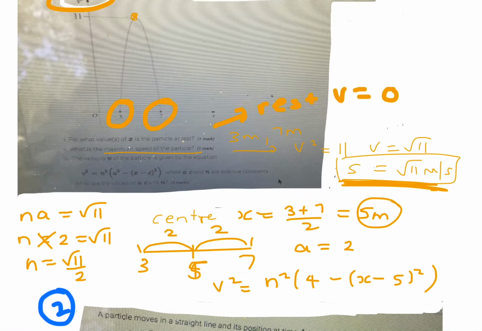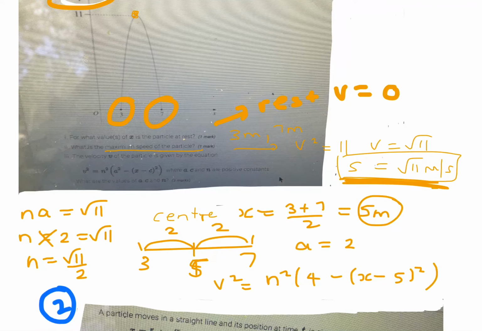If you did it from the formula, you would know that the maximum speed, root 11 squared, will equal n squared, which we don't know, times 4. We know that it is a maximum speed at the center, so x minus 5 is 0. And that will give you your na anyway.